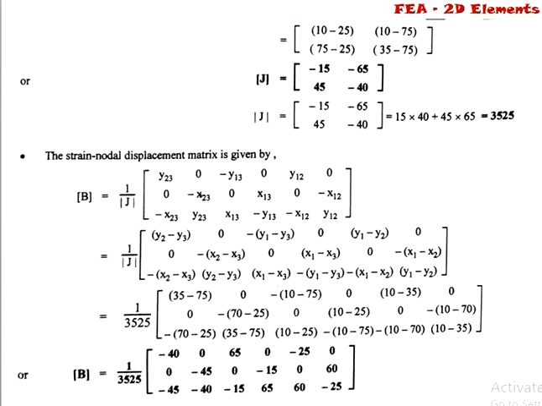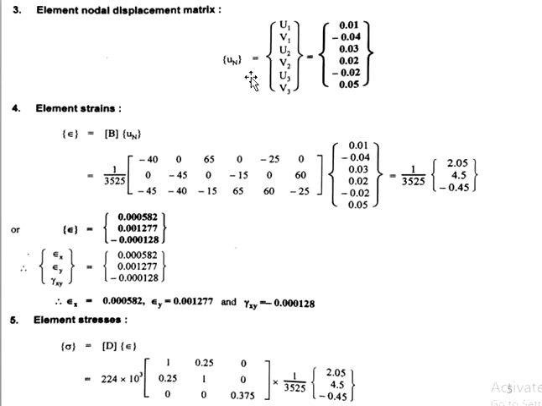Okay, after that we require the displacement, and its value is given according to the problem statement. Next step is to calculate element strain. So we have the B and U vector. The size of matrix B is 3 by 6, and the size of the displacement matrix is 6 by 1.